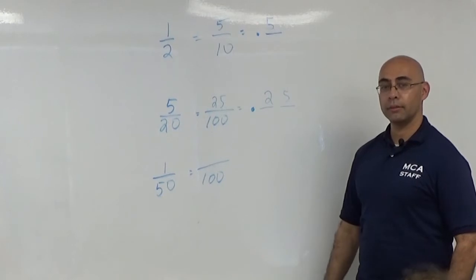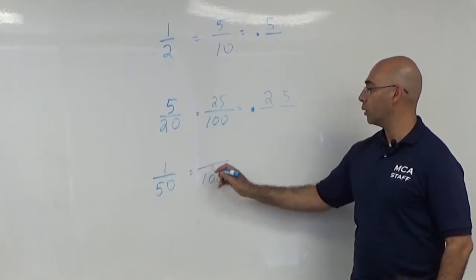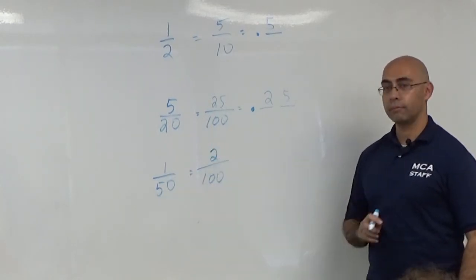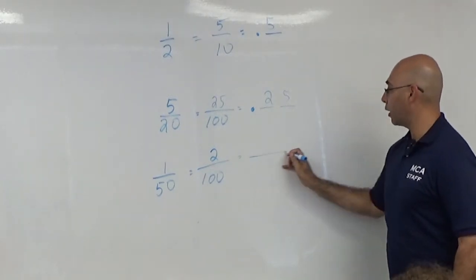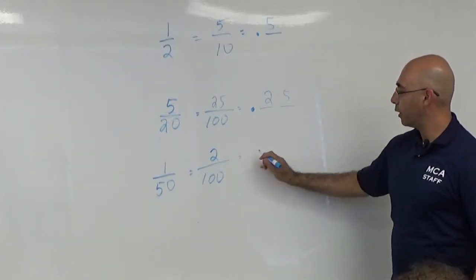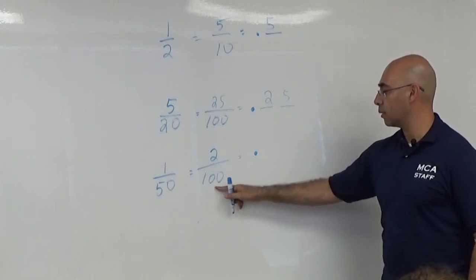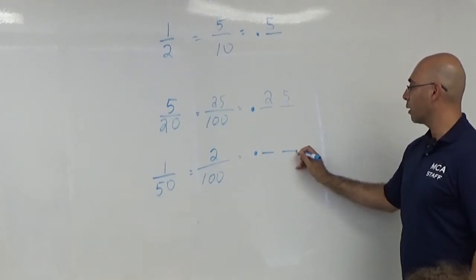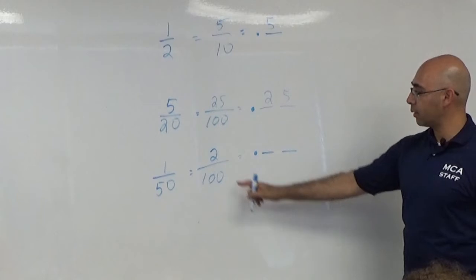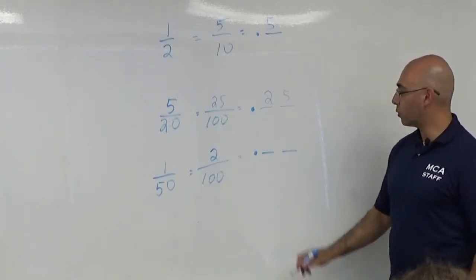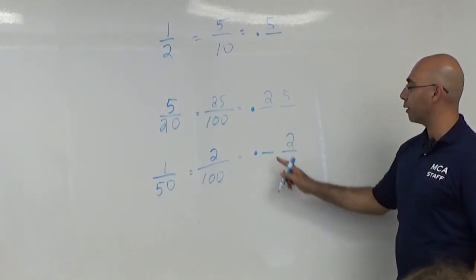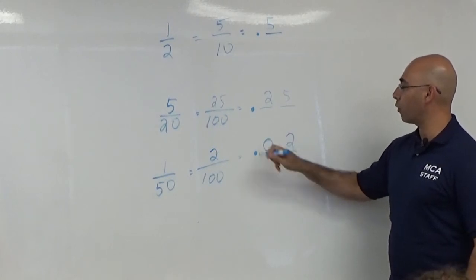How do you do that? Times 2. So what's 1 times 2? 2. So this is just, oops, let me fix that. It's going to be point, how many spaces? 2 spaces. That doesn't say 20. What does that say? 2. So I got to put that 2 on the end, and the 0 goes in front.